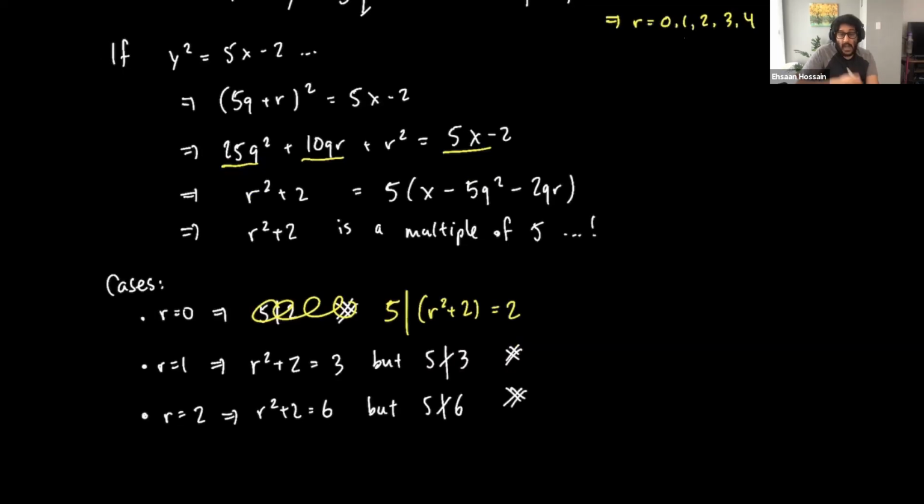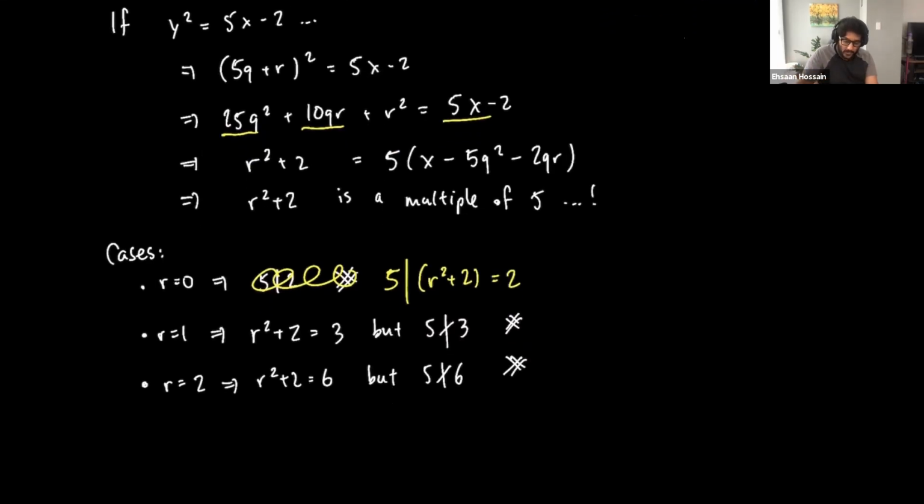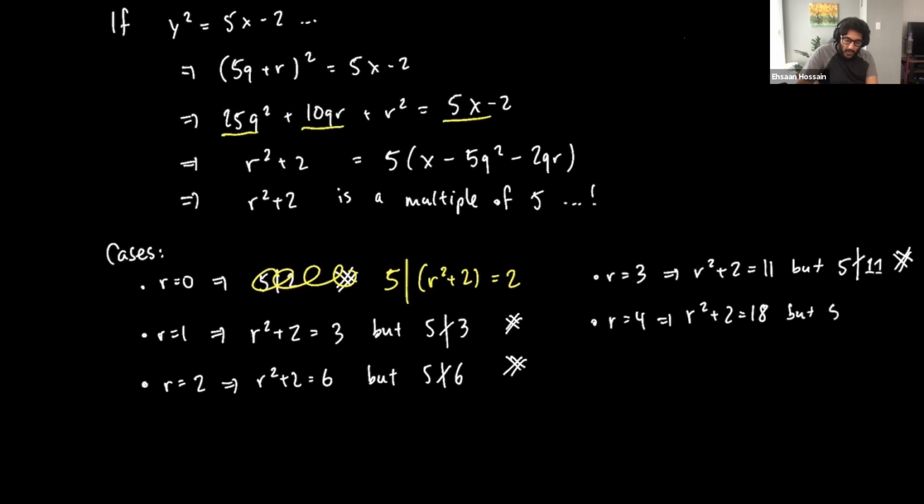You see what I'm doing? Every case I'm getting a contradiction. R equals 3 implies r squared plus 2 is 11, right? 3 squared plus 2 is 11, but 5 does not divide 11. Contradiction here. And the last case, if r equals 4, then I have 4 squared plus 2, which is 18, but 5 does not divide 18.